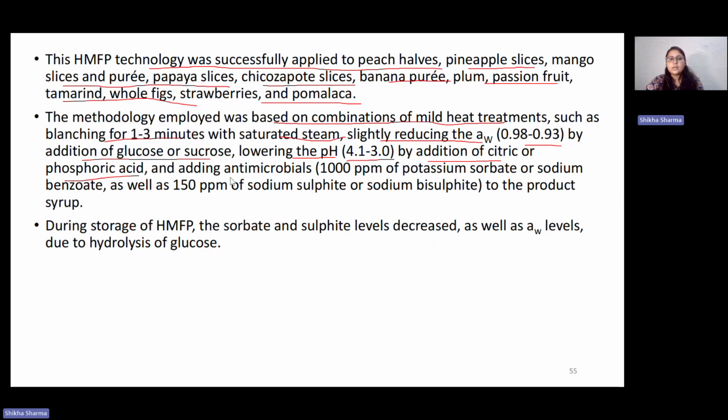We can also add antimicrobial agents like 1000 ppm of potassium sorbate or sodium benzoate, as well as 150 ppm of sodium sulfite and sodium bisulfite to the product syrups.